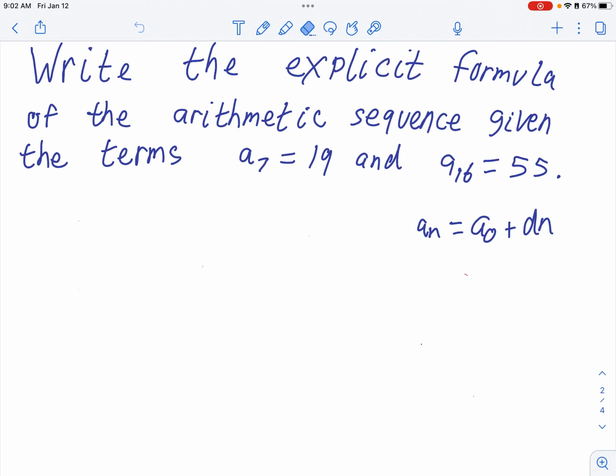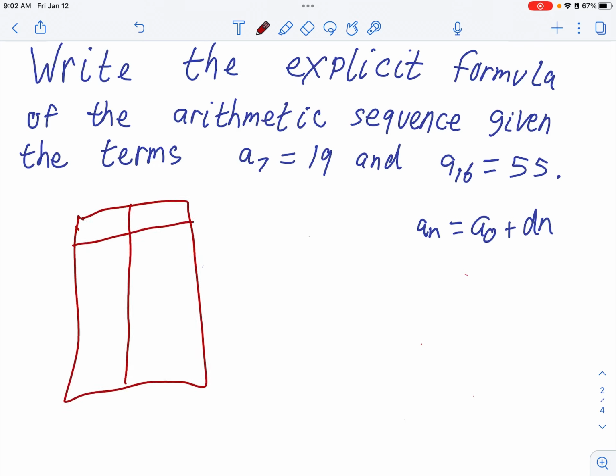So as we talked about, this mirrors the concept of slope, the y change over the x change. Now, we don't use x and y, we use numbered terms. Here, the numbered terms are 7 and 16. Now, the y term is represented by a sub n, or in this case, when the 7th term, it's 19, and the 16th term, it's 55.